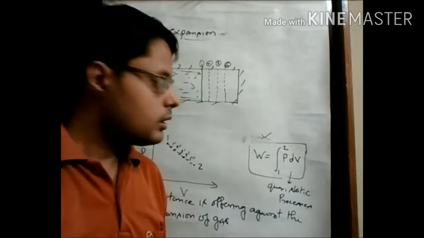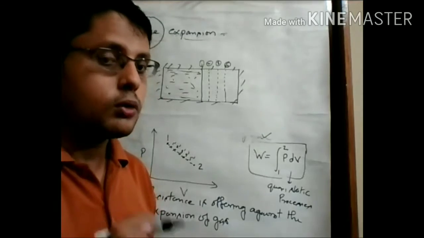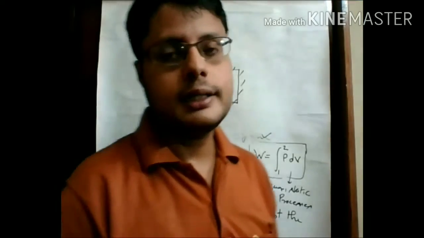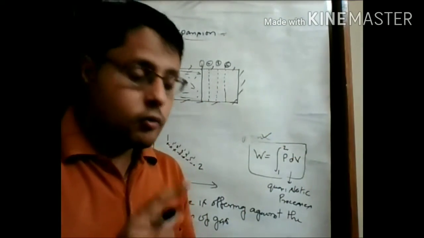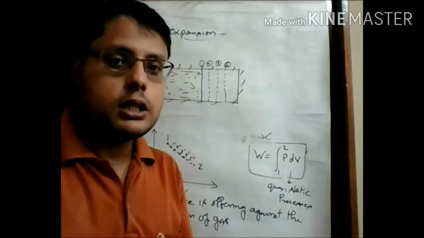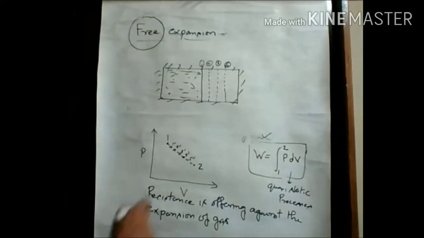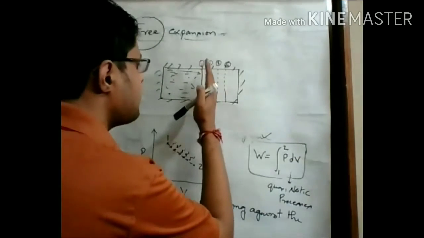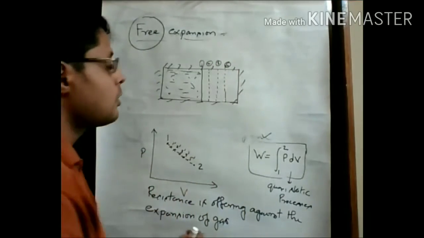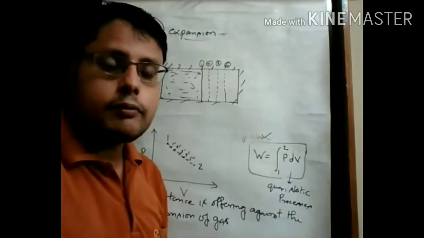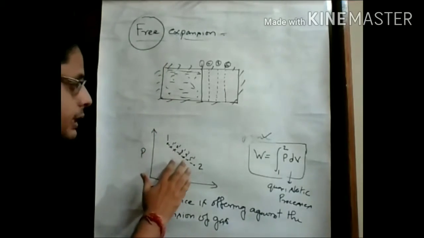But does this work exist? The answer is no, still work is not happening in this example, because another important term is that work must be done against some resistance. In this case, we provide some intermediate stages between the initial and final stages, but this gas is expanding against the vacuum. So there is no resistance.